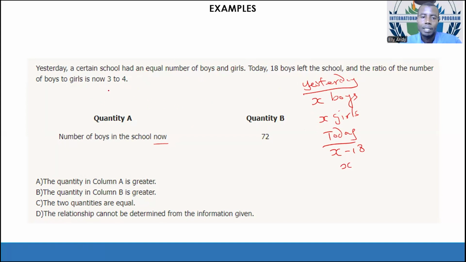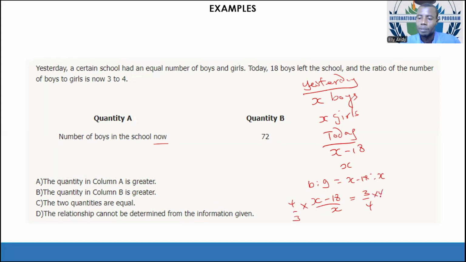And the ratio is 3 to 4. So boys to girls, we have X minus 18 to X, or we can say X minus 18 over X, and that is 3 to 4. Okay. So what can we do from here? Well, we can multiply this to simplify it so that we can know what X is. 4 over 3.